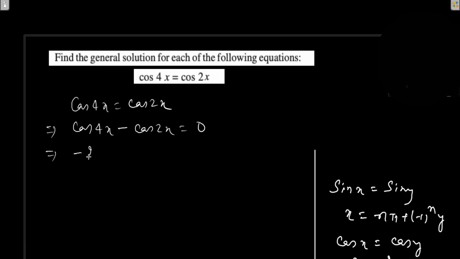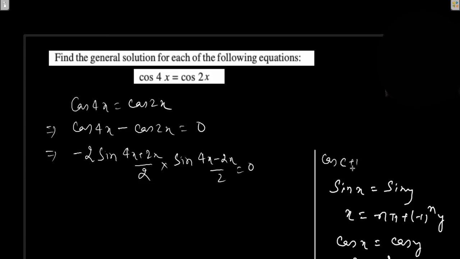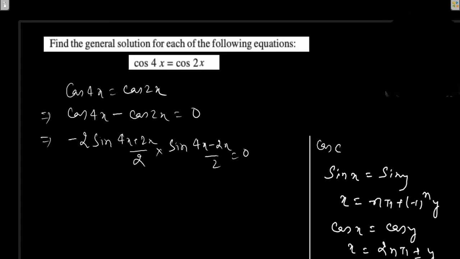This will become minus 2 sine of (c plus d) by 2, which is nothing but (4x plus 2x) by 2, into sine of (c minus d) by 2, which is nothing but (4x minus 2x) by 2, equals 0. The formula I have used is cos c minus cos d, which is nothing but minus 2 sine of (c plus d) by 2 into sine of (c minus d) by 2.